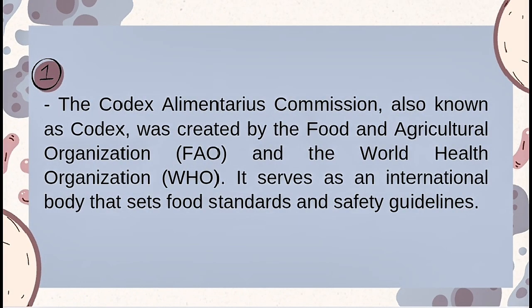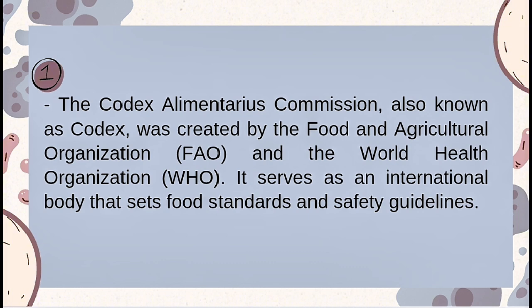And now, there are several key principles and international initiatives that help ensure the safe handling and regulation of genetically modified organisms. The first principle is the Codex Alimentarius Commission, also known as Codex, created by the Food and Agriculture Organization and the World Health Organization.